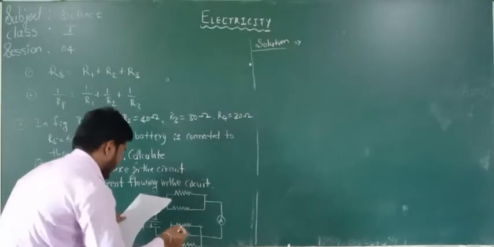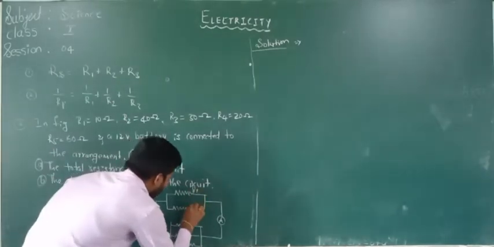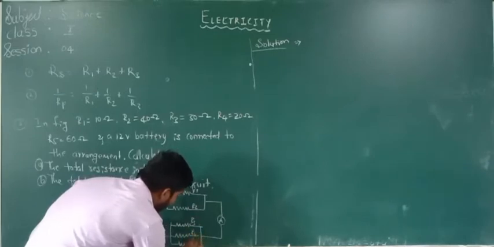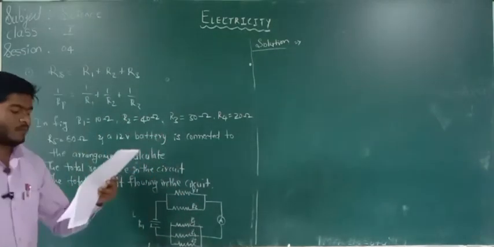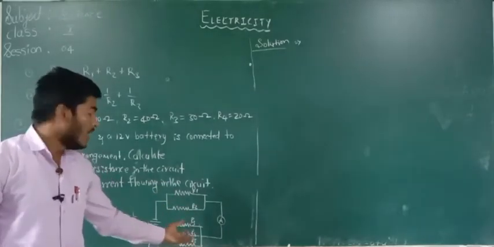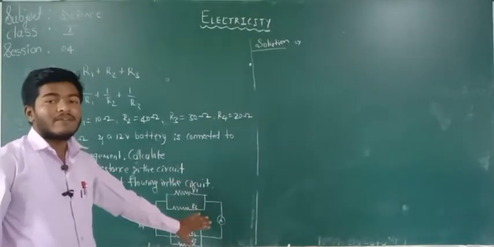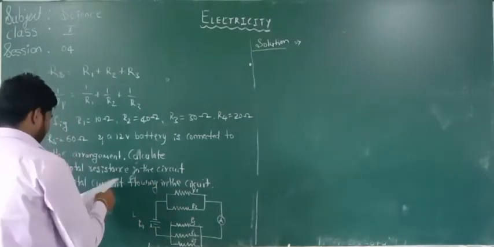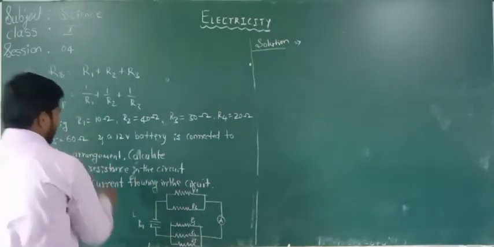This is R1, R2, R3, R4 and R5. So we have to calculate the total resistance of this circuit and also the total current flowing through this circuit. The value of R1 given is 10 ohm.